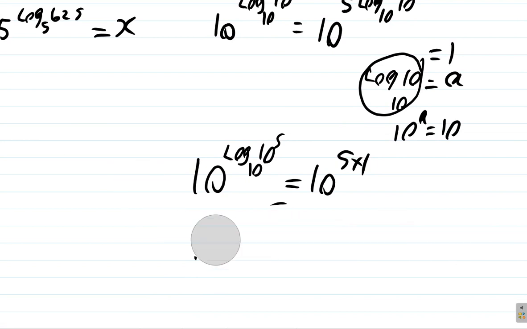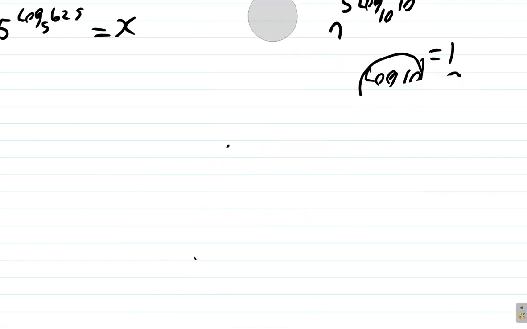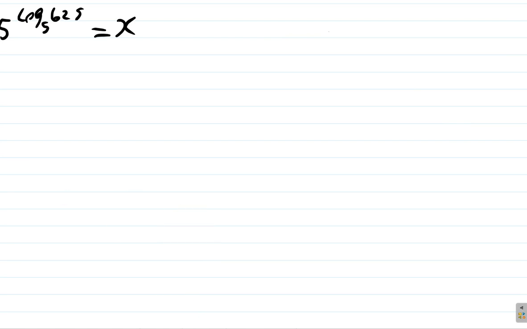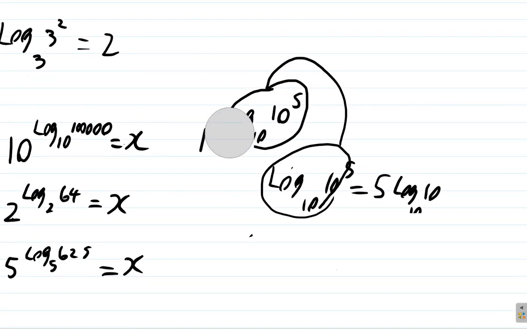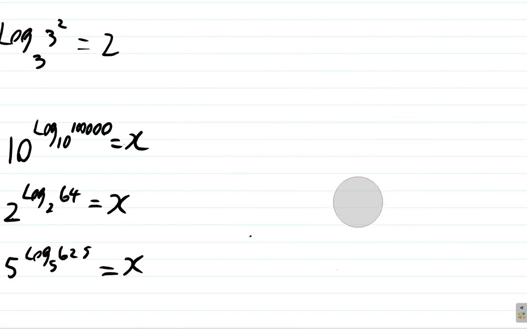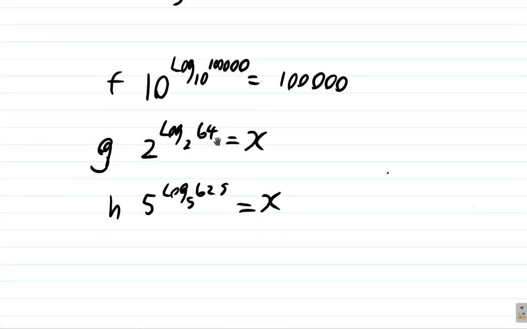Now, let's look at the other case. So in this case, what we found is 10 to the power of 5, which is 100,000. What about this?